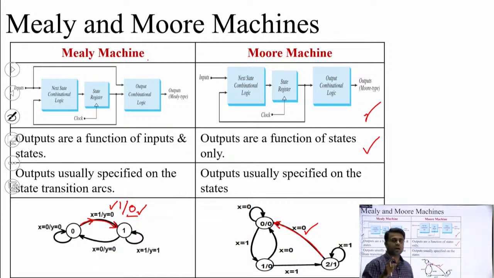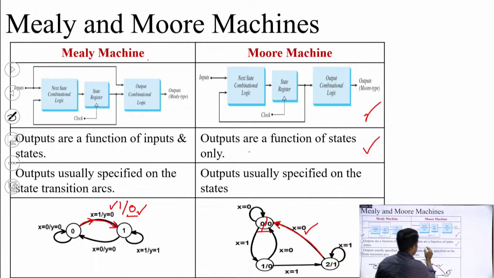Instead of mentioning the output on the transition arc, we mention the output inside the circle. You can check here that state is 0, output is also 0, because output is only dependent on the state. That is why output is mentioned with the state inside the circle. So this is the basic difference between Mealy and Moore machine.